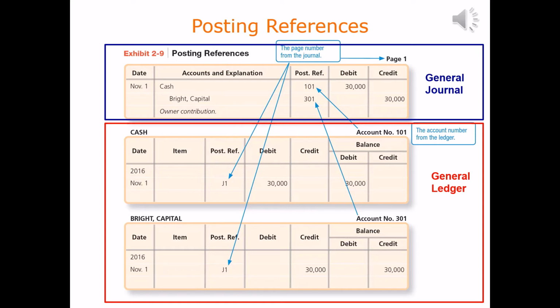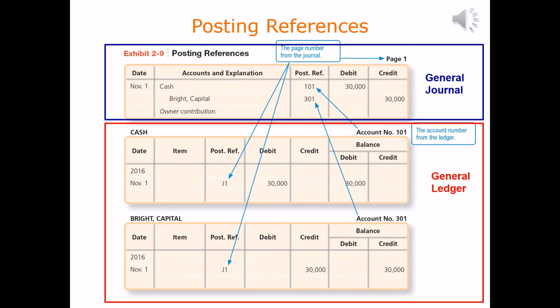We need to transfer our amounts from the General Journal into each individual account in the General Ledger. Here you can see that our cash account is account number 101, and we have debited it $30,000 in our General Journal. You can also see that that amount was added to our cash ledger in our General Ledger below.